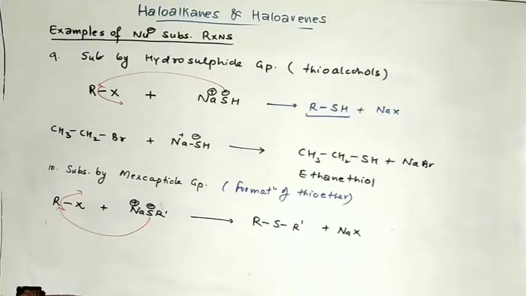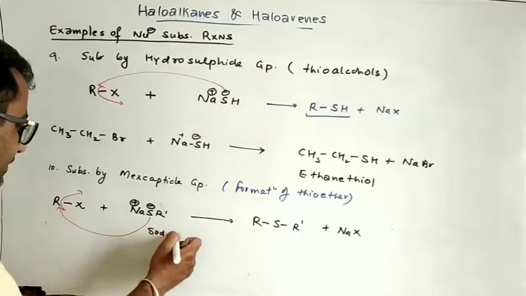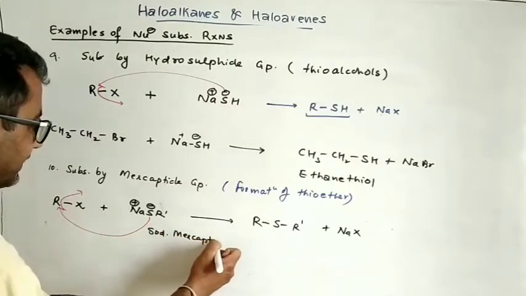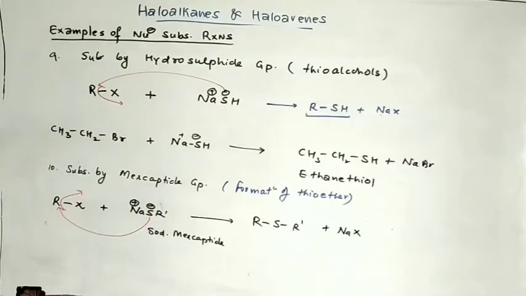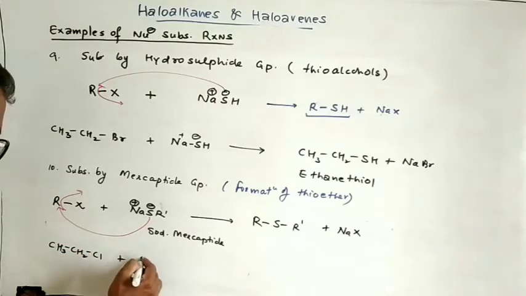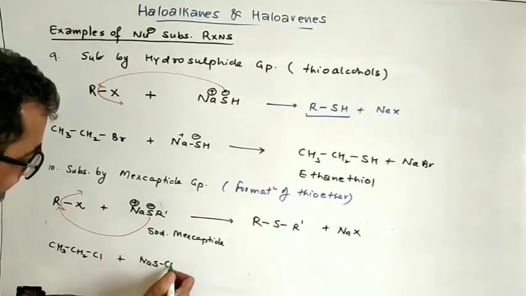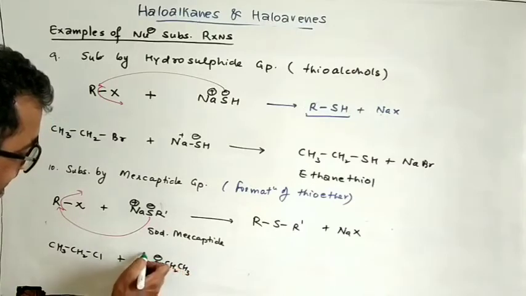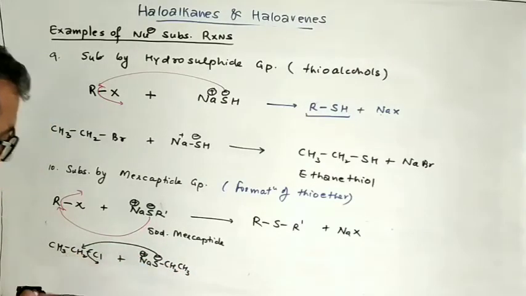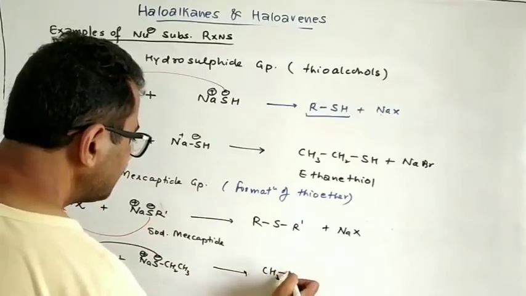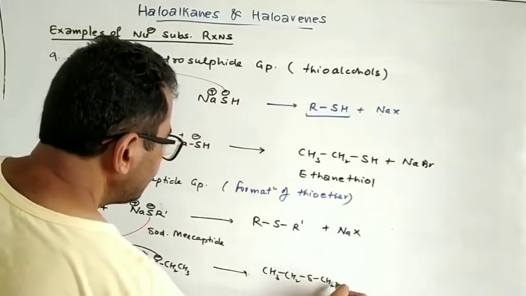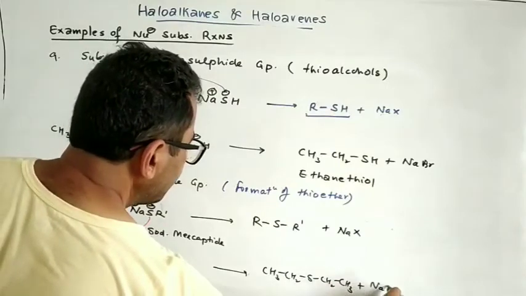Okay, mercaptide is NaSR. What will we call this? We will call it sodium mercaptide. If we write the example like CH3CH2Cl and add here sodium ethyl mercaptide, NaSCH2CH3, this part is negative, and this negative part attacks on this to produce CH3CH2-S-CH2CH3 and NaCl.